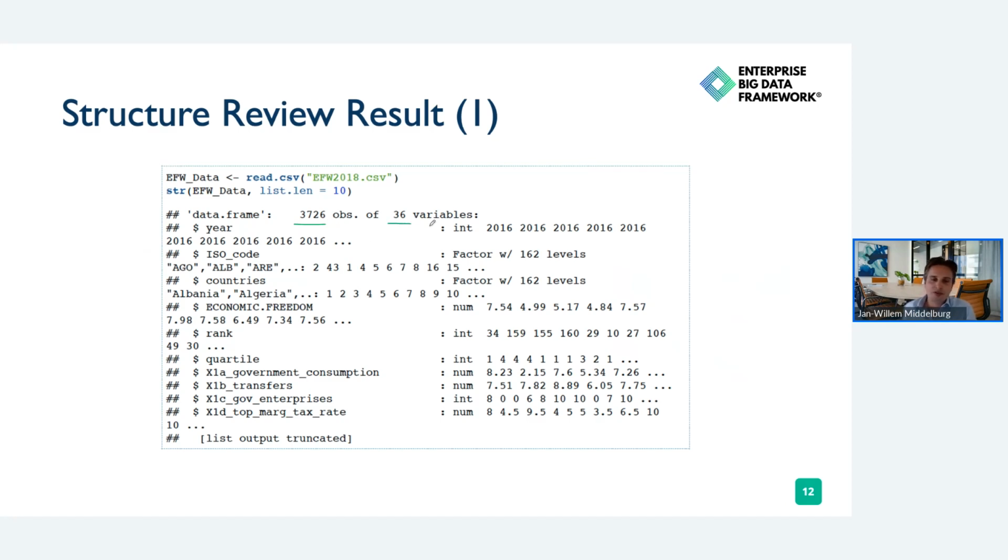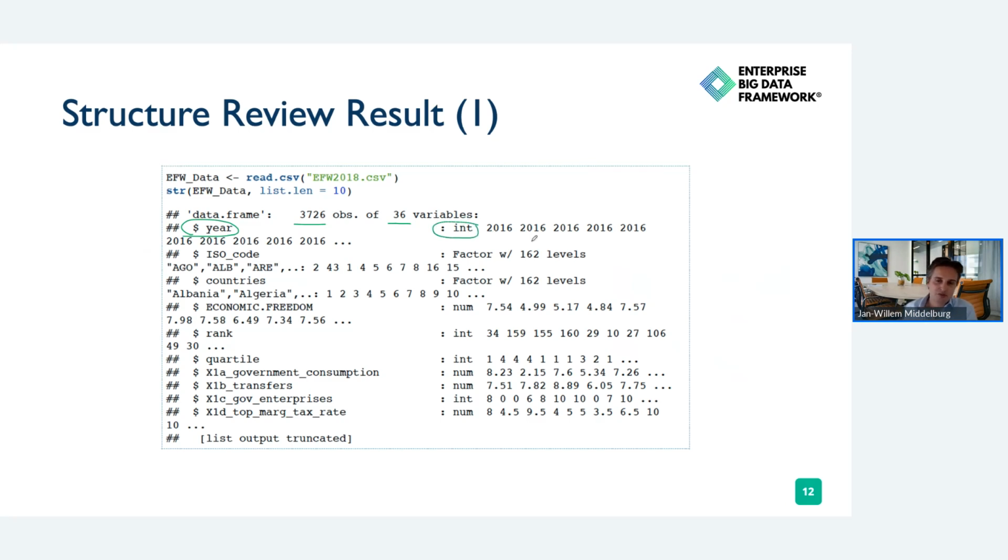And what those 36 variables are going to be divided in is, for instance, the column name is going to be year, which we see right over here. And that column year will consist of integers.